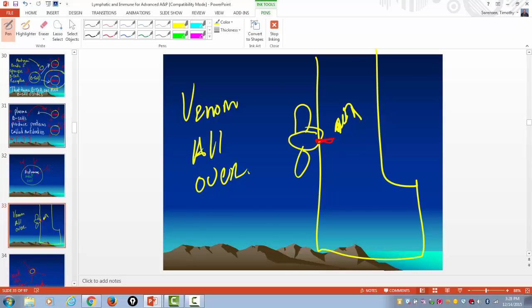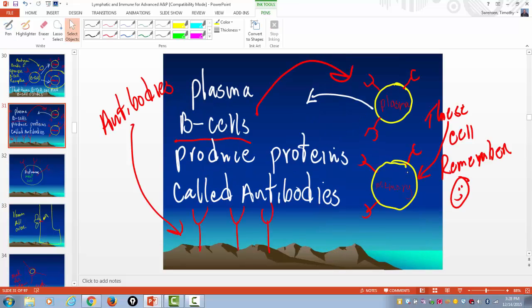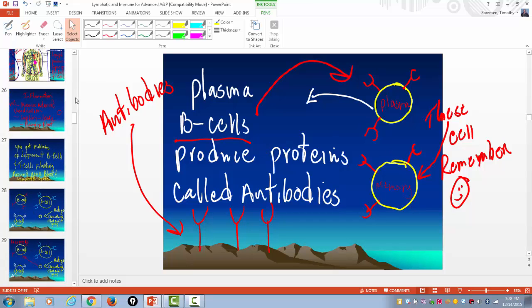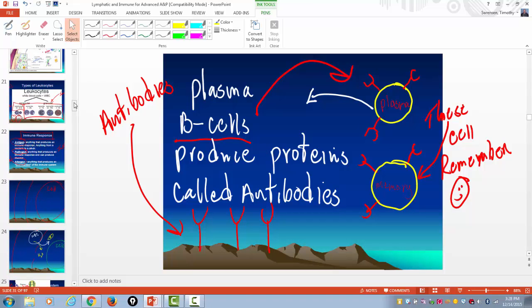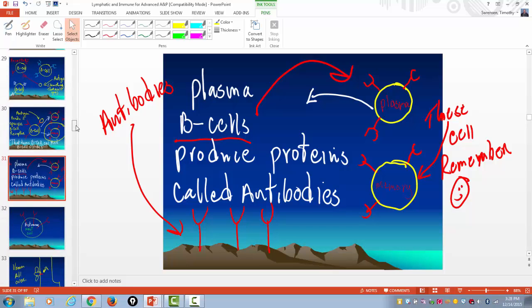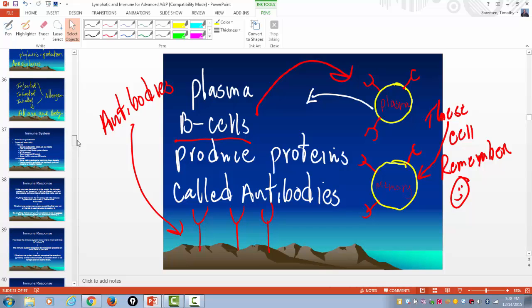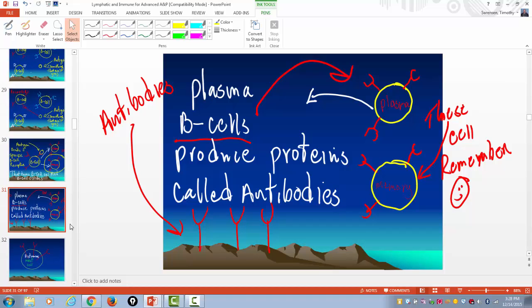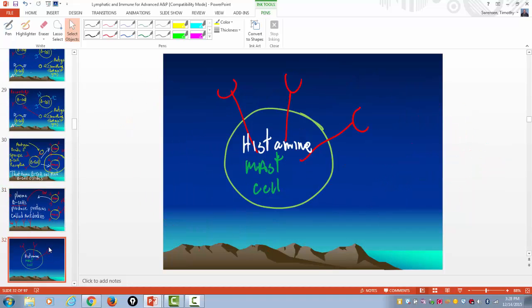That is going to stimulate memory cells. They remember. And what are the memory cells going to do? The memory cells are going to divide, produce gazillions and gazillions of plasma cells. And those plasma cells are going to produce gazillions and gazillions of antibodies.